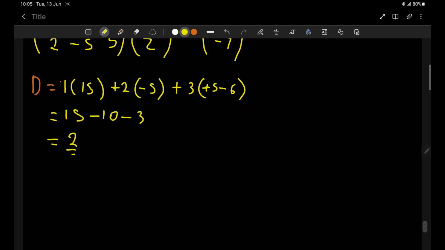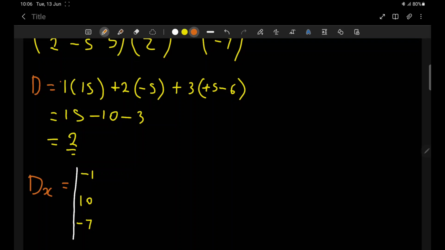Then solving for the determinant with reference to x. So we have d of x. We write our matrix. We place the solution on the first column. So we will place here -1, 10, and -7, which are our solutions.